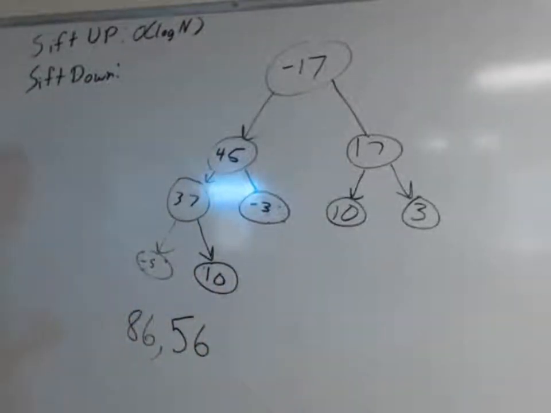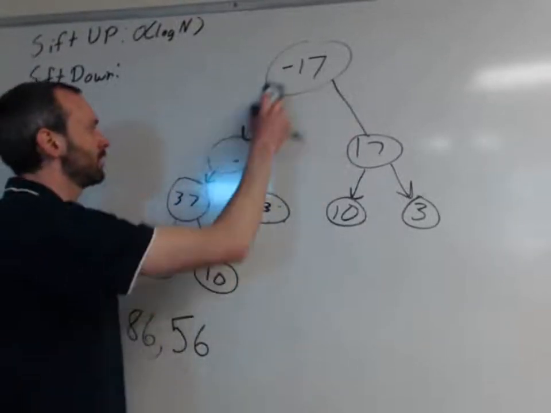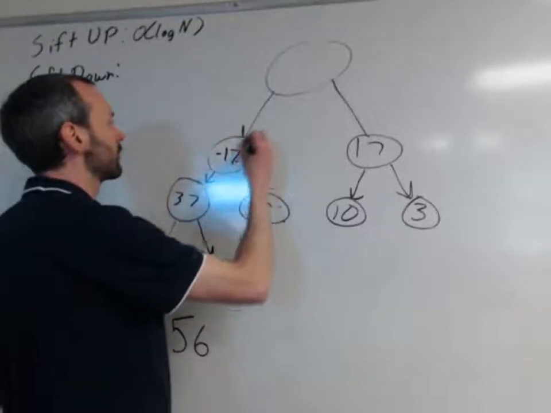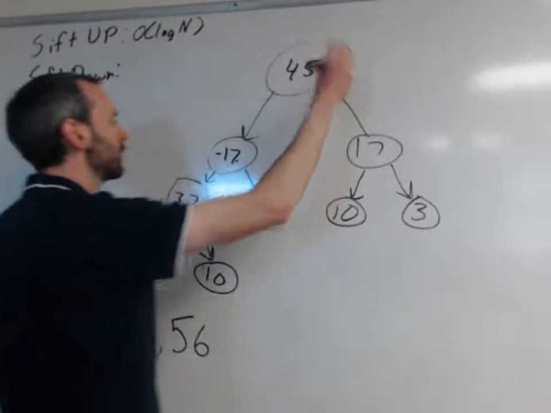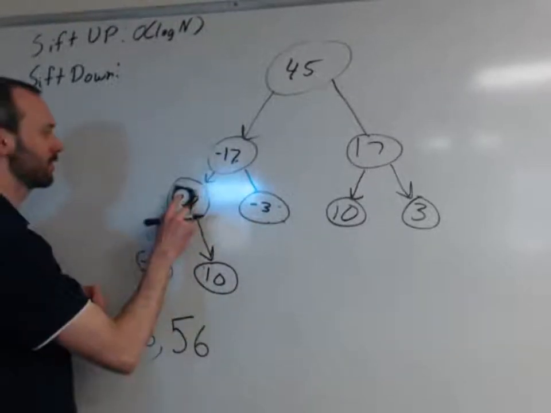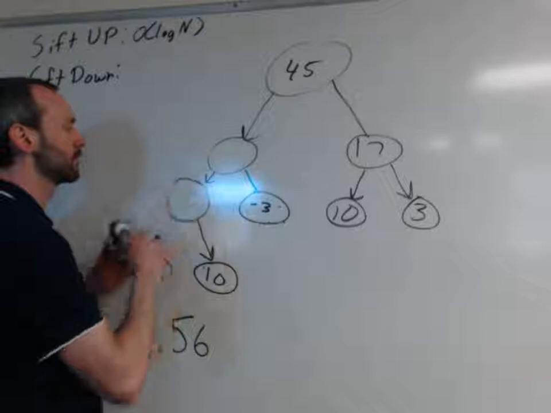All right, so it's still balanced and left justified. We've only done one swap, which is O of 1, sorry. What do we do now? Yeah, swap with the 45 because the 45 is the largest of the three. Okay, now what do we do? With the 37, because it's the largest of the three.